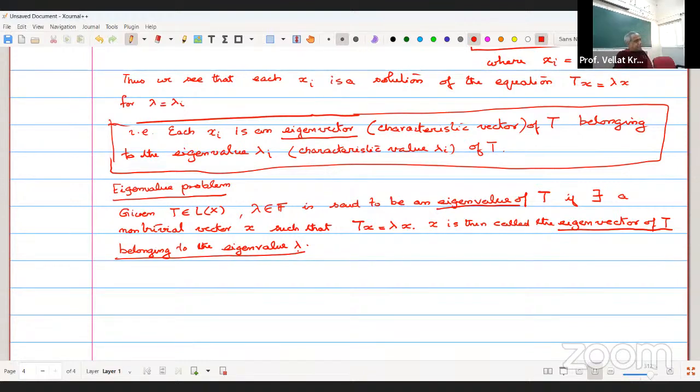Now, how to find the eigenvalues of T? That's the next problem.